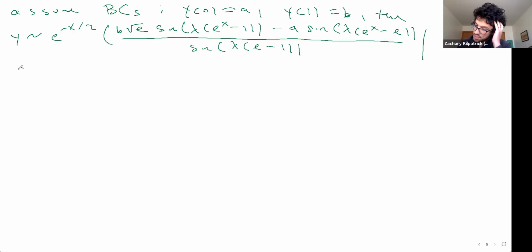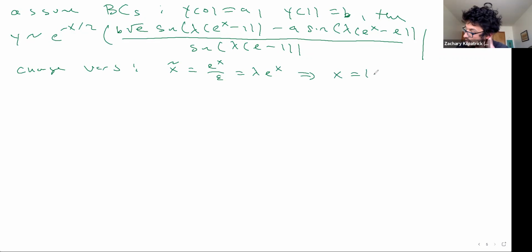And if we change variables to x tilde equal to e to the x over epsilon, which equals lambda e to the x, this implies that x is equal to log of epsilon plus log of x tilde.